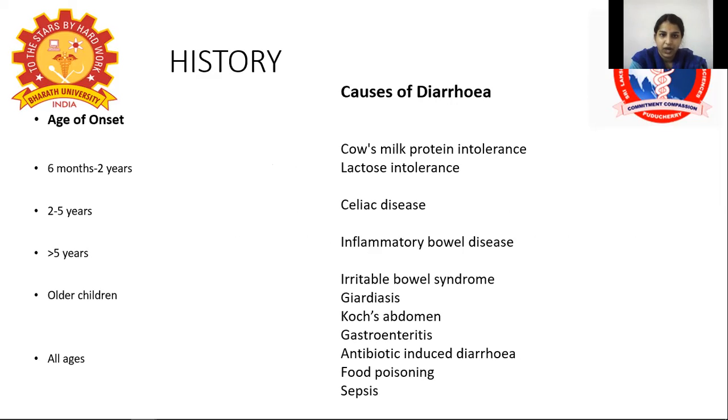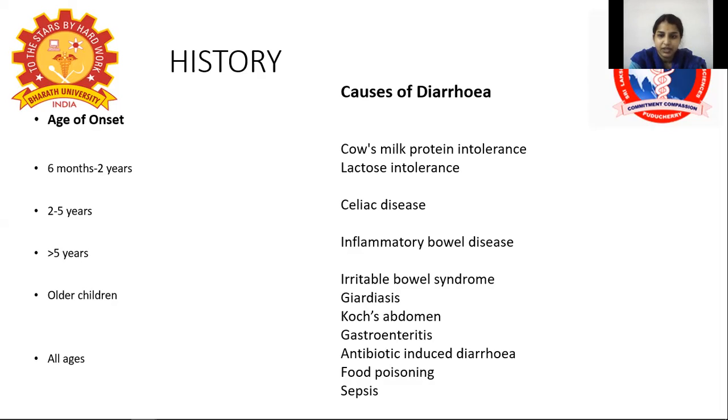Then what we need to ask in the history for a patient with diarrhea is the age. Age probably indicates the cause of diarrhea. In 6 months to 2 years, the cause is most probably cow milk protein allergy, or it can be lactose intolerance. From 2 to 5 years, it can be celiac disease.